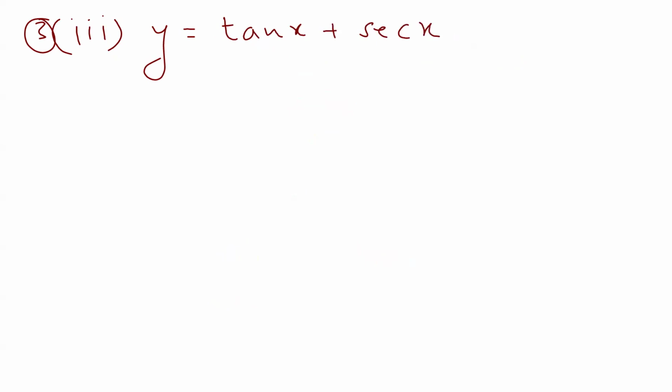Okay, so there are multiple ways to solve this. You can either start with the direct derivative or you can convert this into sin and cos. So I'll convert this into sin and cos because in the proof only sin and cos terms are there.